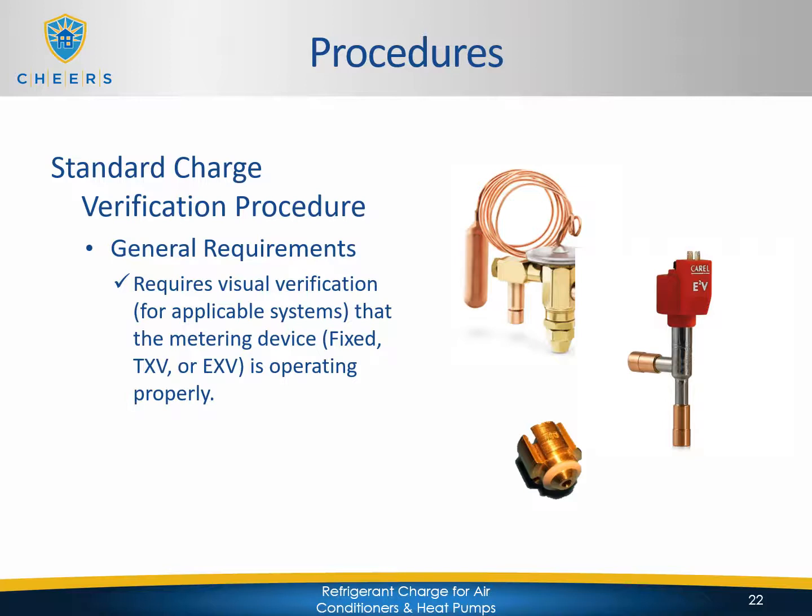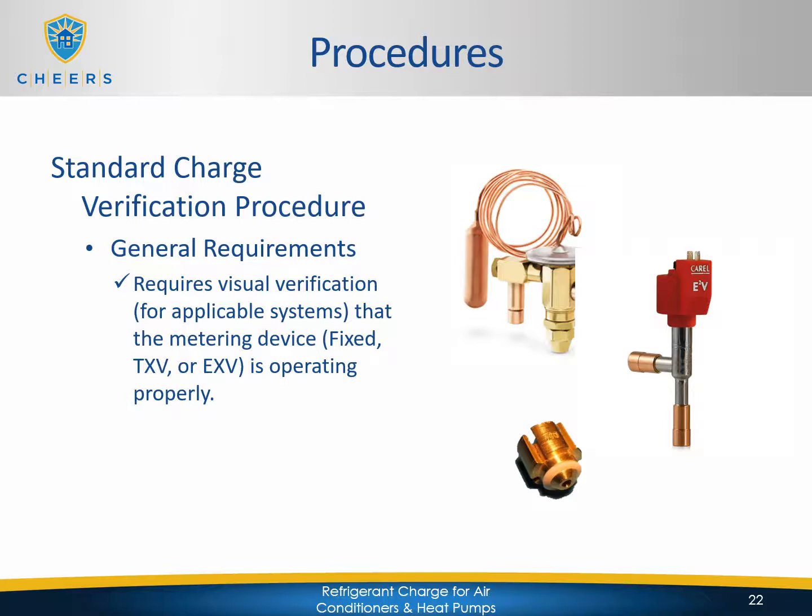And based on the temperature of that outgoing gas on the suction line, that TXV is going to adjust the opening or the orifice, for example on the fixed metering device. It's going to vary that and allow either more or less refrigerant to enter into the evaporator coil based on that. So you always have the perfect amount of refrigerant going through so that that coil is able to operate at its most efficient state.